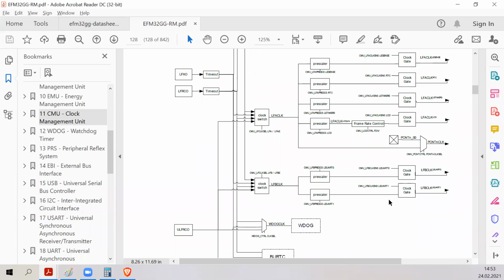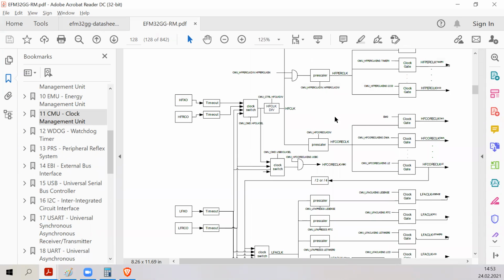So these peripherals are usually run from low frequency oscillator. And the reason is that when we tell the microcontroller to go to sleep, it stops code execution. It just pauses, and then you need some signal to wake it up to let it restart doing the things that it's doing.